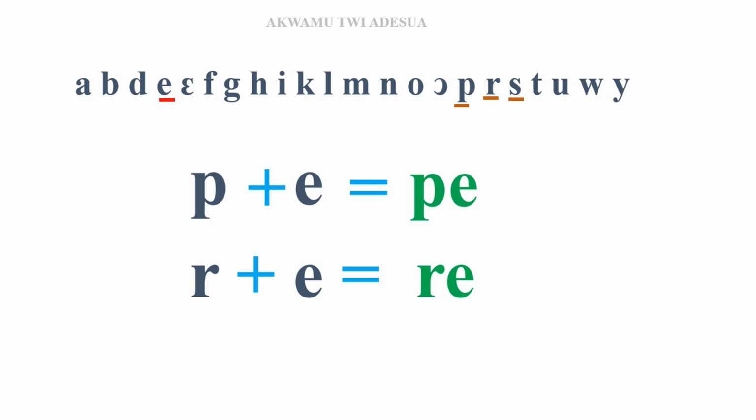R plus ɛ will give us rɛ. S plus ɛ will give us sɛ.